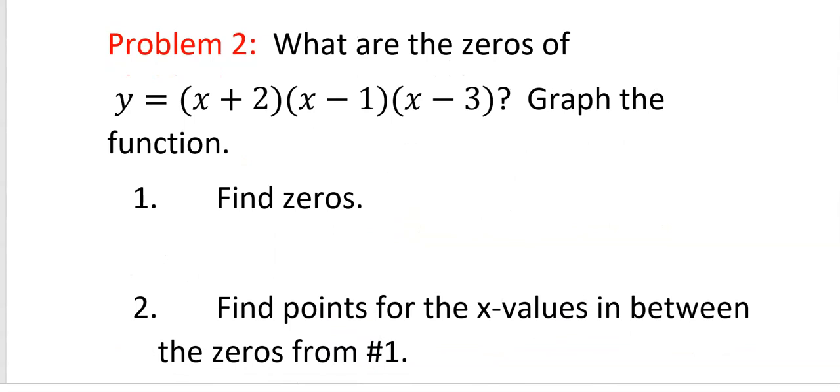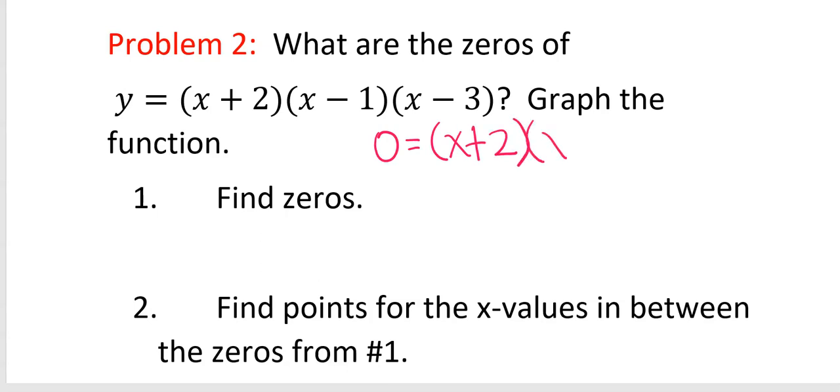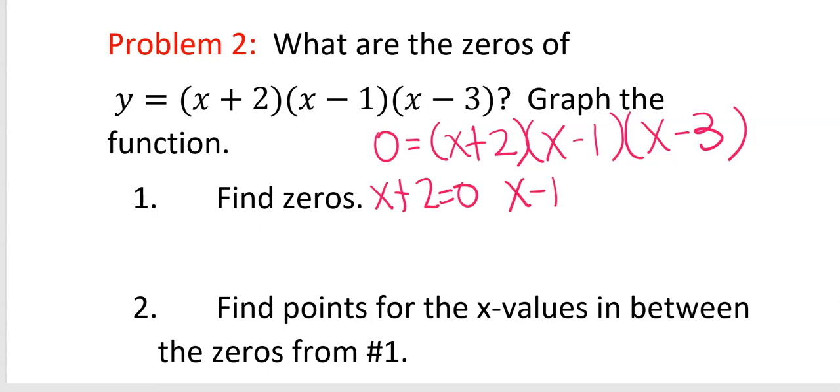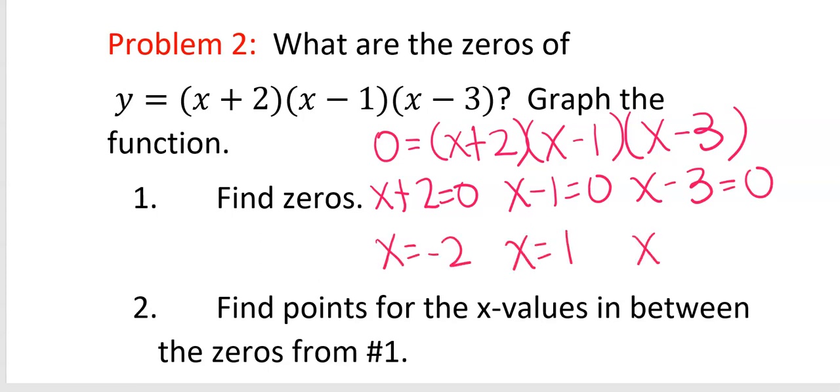Problem 2, what are the zeros of y equals x plus 2 times x minus 1 times x minus 3? So what we're going to do is set this equal to 0. We're going to solve each one by setting each part equal to 0. So we get x equals negative 2, x equals 1, and x equals 3.